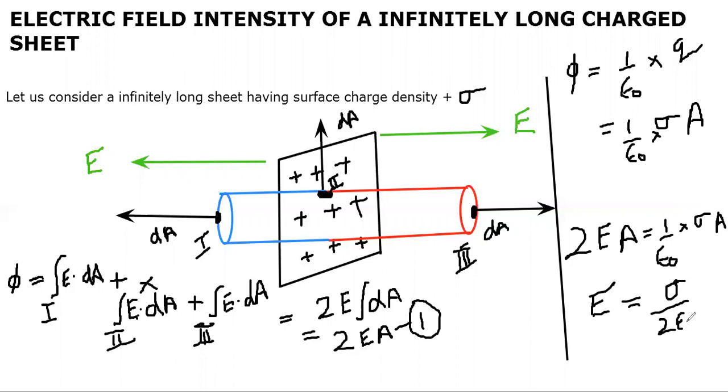So this is the formula for electric field intensity of an infinitely long charge sheet.